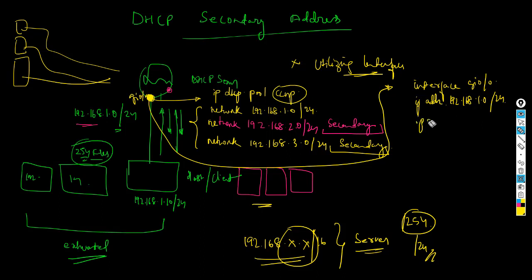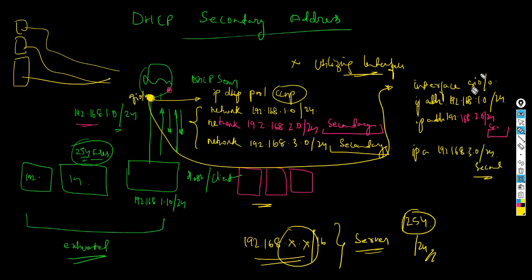Now I'll make the IP address 192.168.2.0/24 and write the keyword secondary, and similarly write the third network IP address 192.168.3.0/24 secondary.